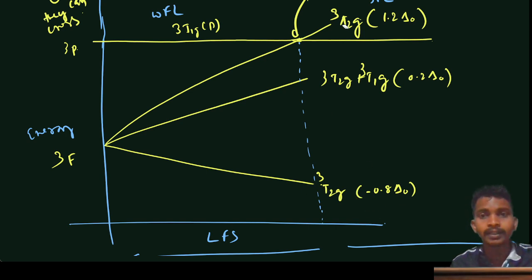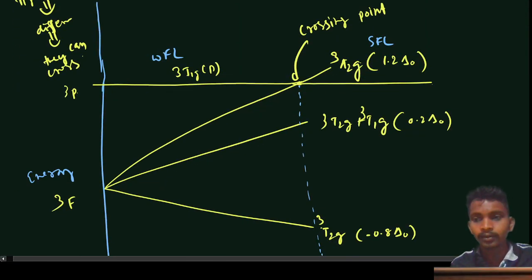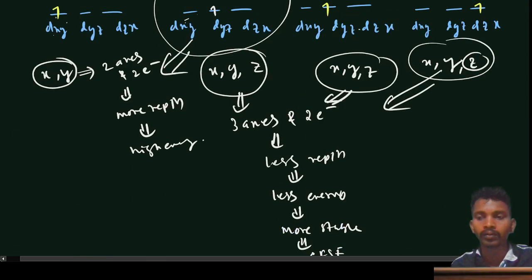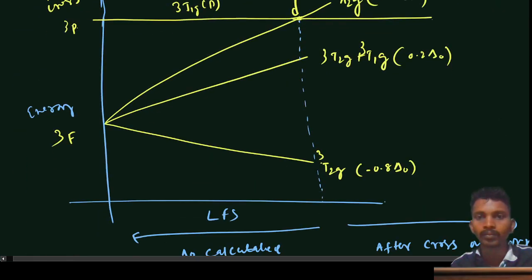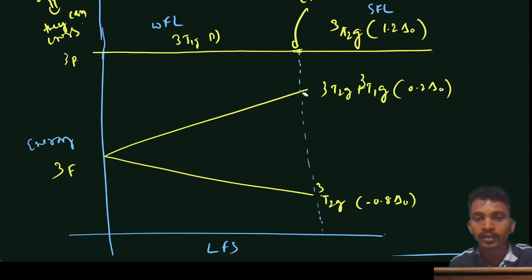So here see that these are the accepted states. Here we see that this is T1g, and sorry, A2g.